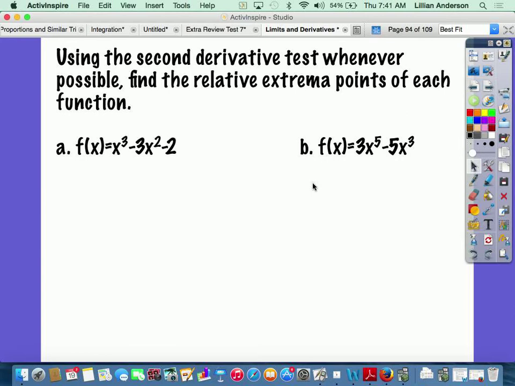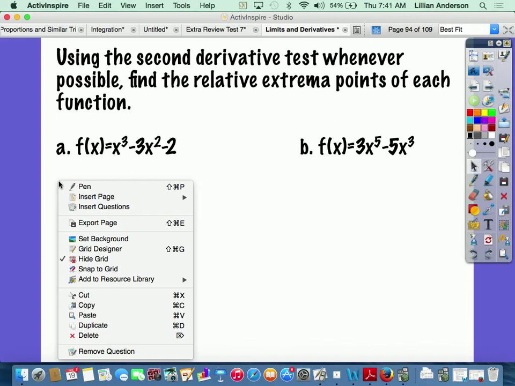It says use the second derivative test to determine whether or not we have extrema. In order to use the second derivative test, we have to find the second derivative. So we're going to find the second derivative of this function. And I apologize, I'm having some issue with my pen and my board.